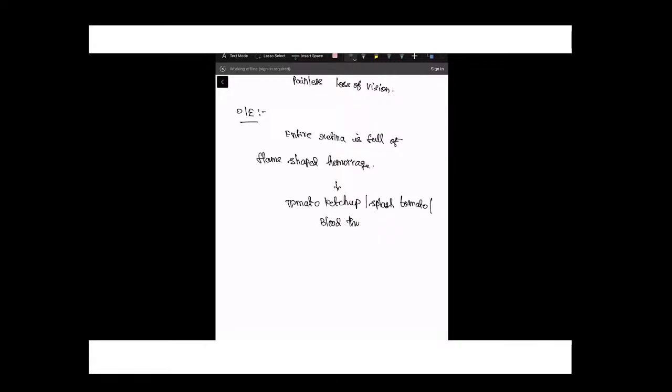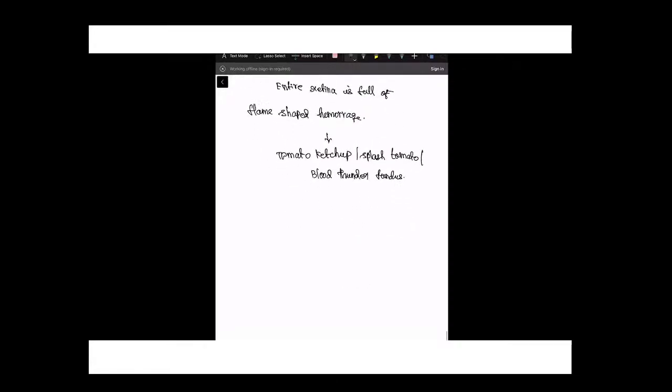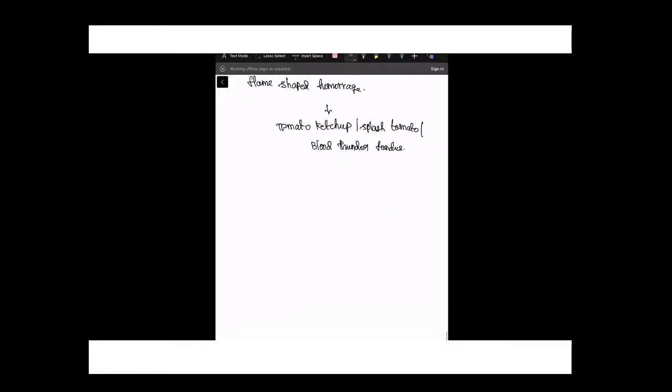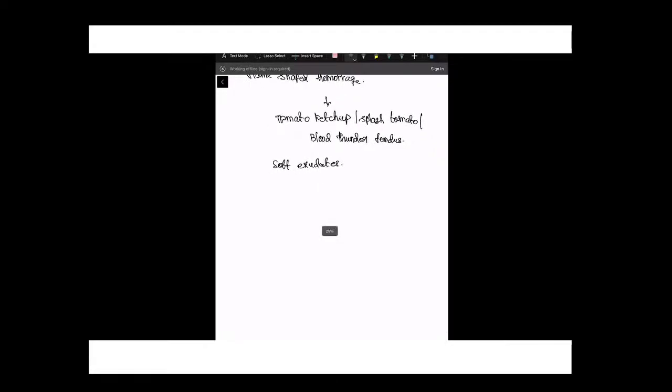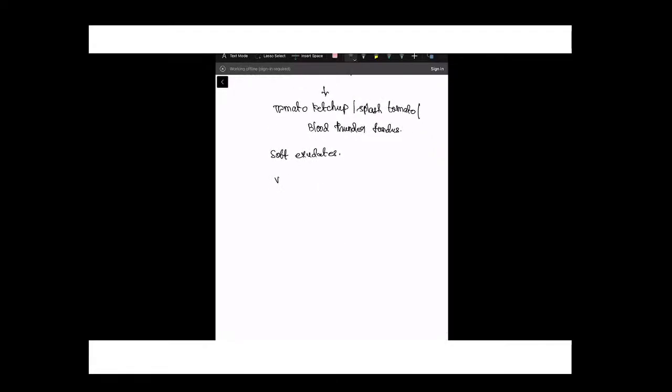Blood under fundus is going to be seen. There are soft exudates seen here also. The veins are dilated and tortuous, tensed. Disc edema is also seen here.